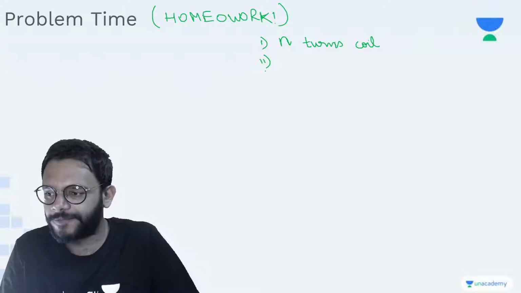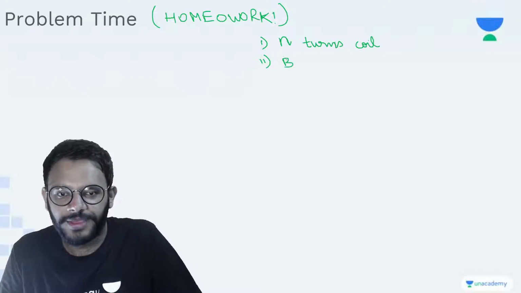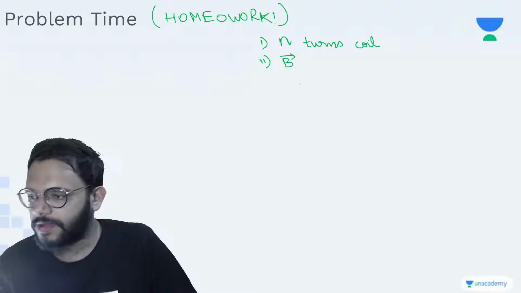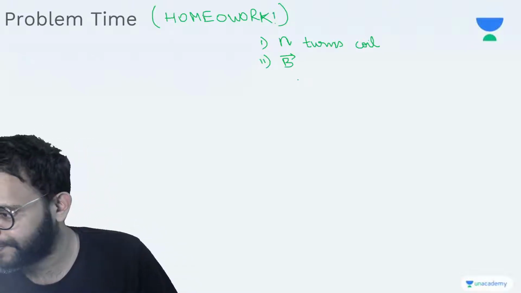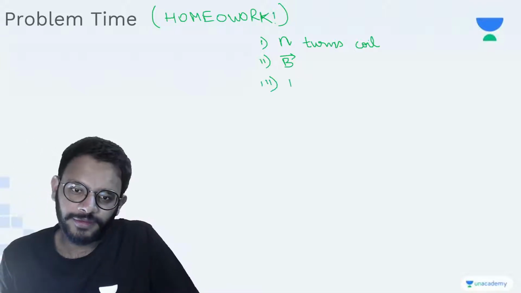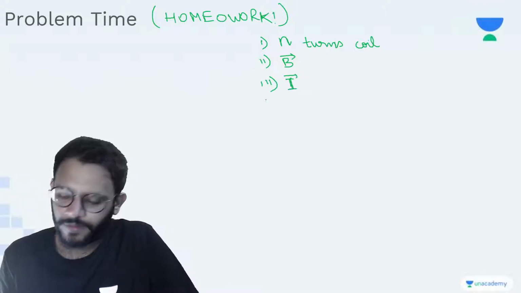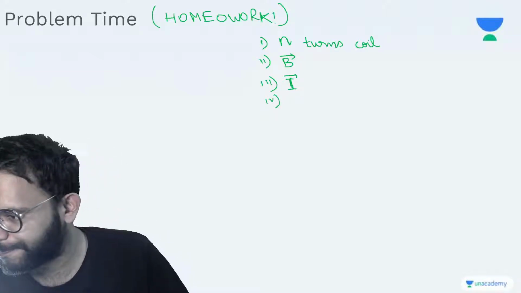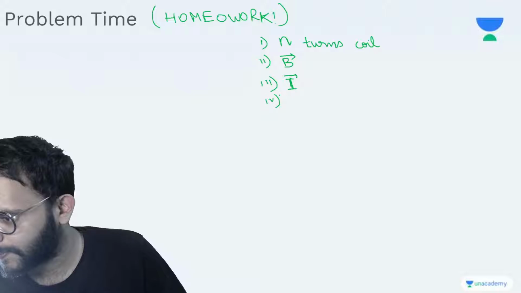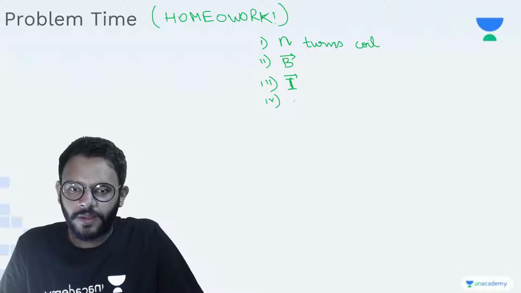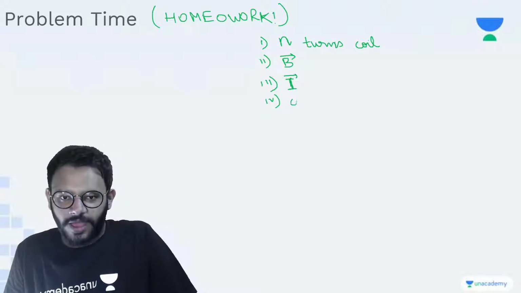I also have magnetic field B. Let's just say the current it is carrying is I, and so what I need to find out now is what is the angular speed omega.